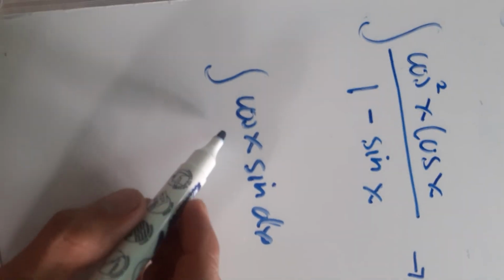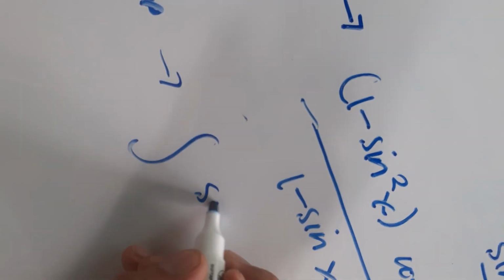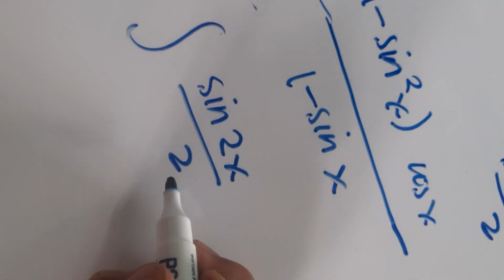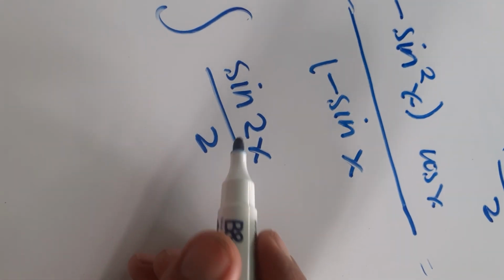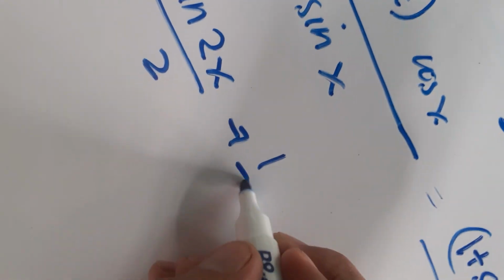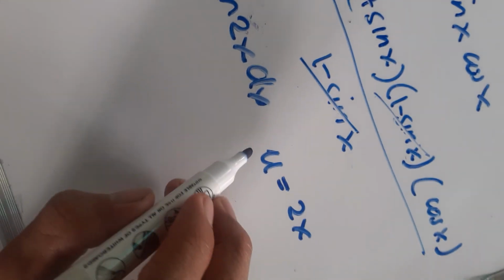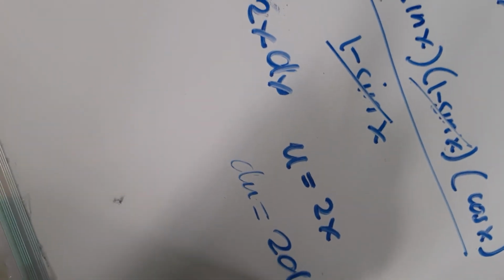So we can write this one as the integral of sine 2x over 2. Now we can take out this 1/2, so we leave sine 2x. Now the integral of sine 2x dx. Let u be equal to 2x. Taking the derivative of u, du is equal to 2 dx.